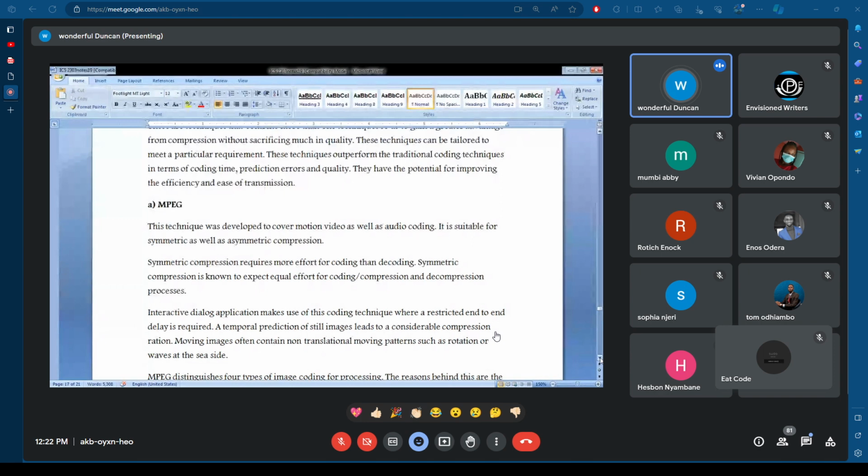It is suitable for symmetric as well as asymmetric compression.